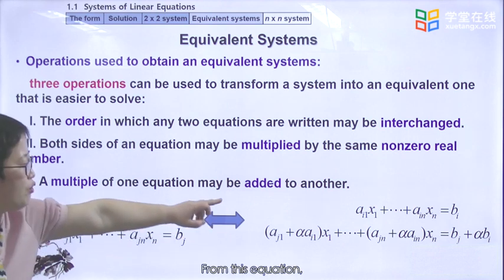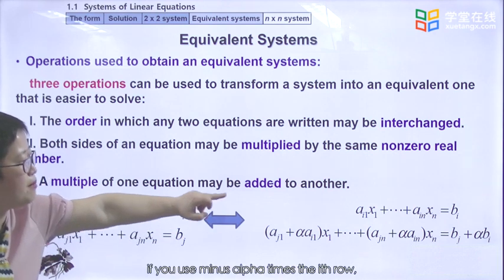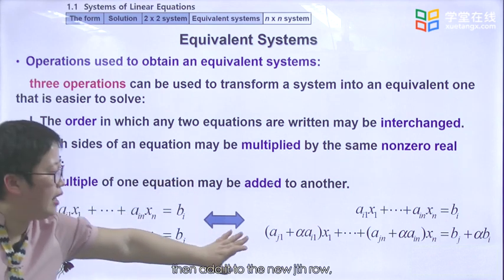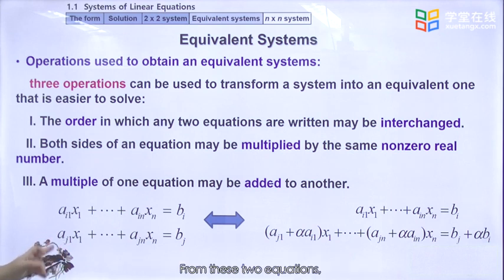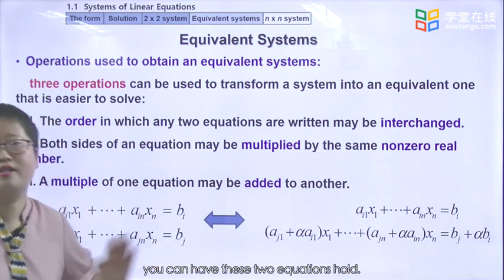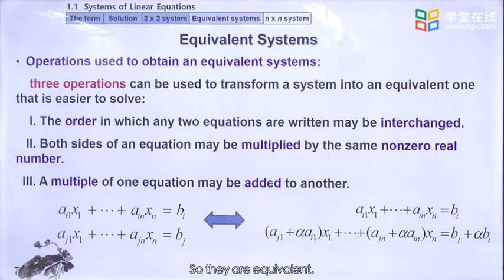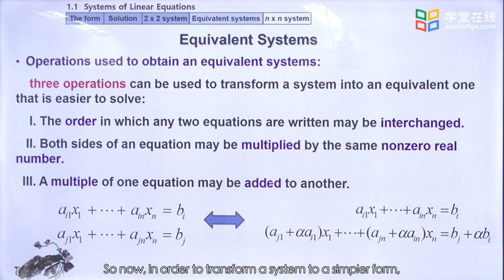From the new equation, if you use minus alpha times the ith equation and add it to the new jth equation, you will get the previous jth equation back. And of course, from these two equations, you can have the other two equations hold. So they are equivalent.